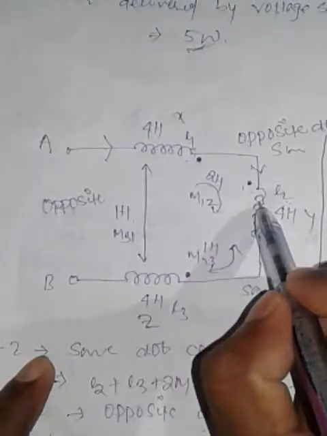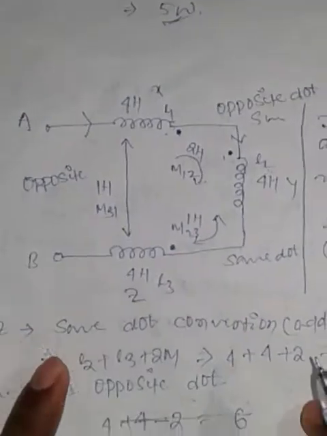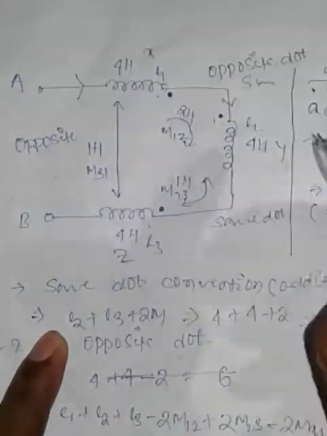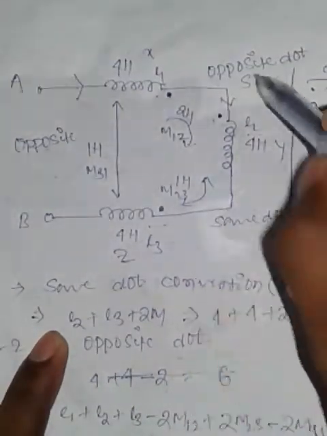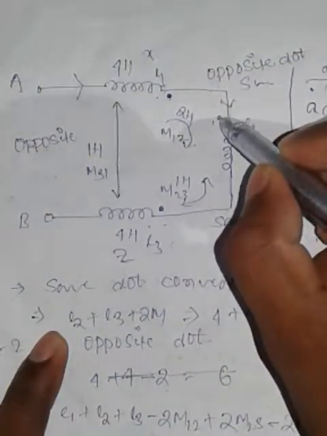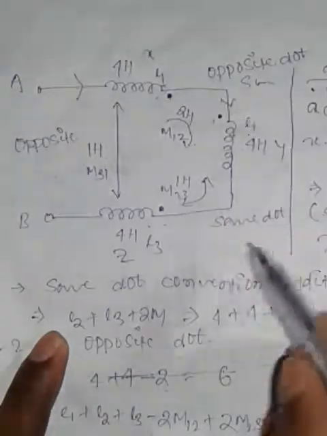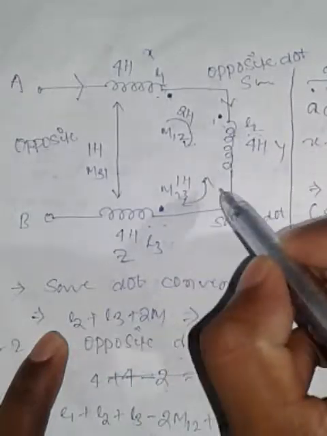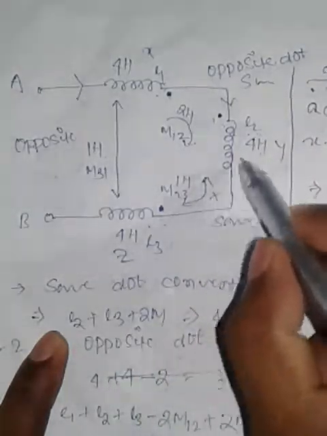So in this case the mutual inductance will be negative, meaning minus. See, for 2 and 3, in figure 2 and 3, current will be entering at the dot. For L3 the current is also entering at the dot, so both are the same, so it is positive, meaning additive in nature.